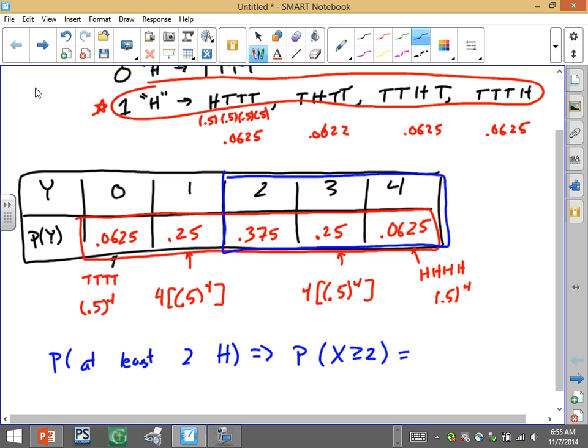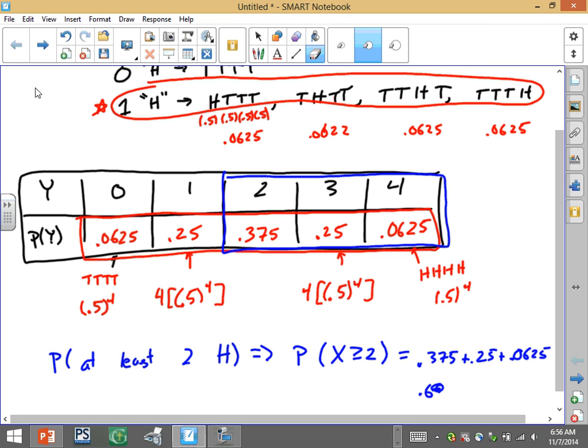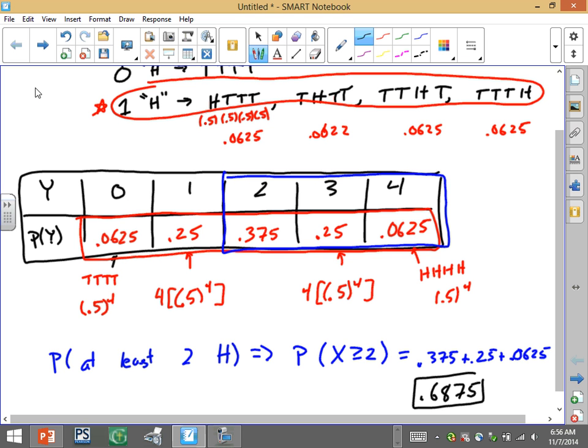So you could do 0.375 plus 0.25 plus 0.0625. Let me clean that up a little bit. That'd be 0.6875. So the probability we throw at least 2 heads in 4 tosses is 0.6875.